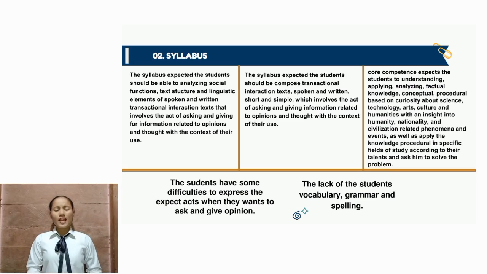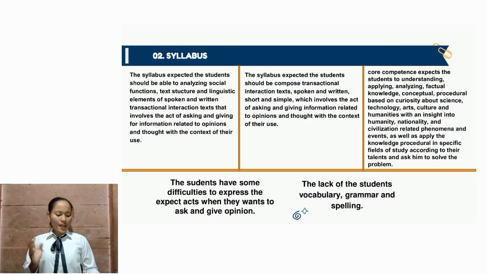The first syllabus point is that the students should be able to analyze the social function, text structure, and linguistic elements of spoken and written transactional interaction texts that involve the act of asking and giving information related to opinions, within the context of their use.